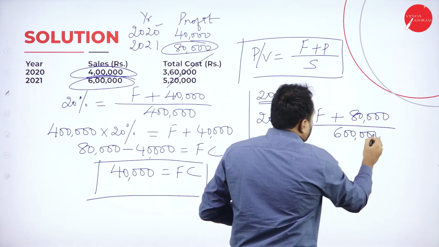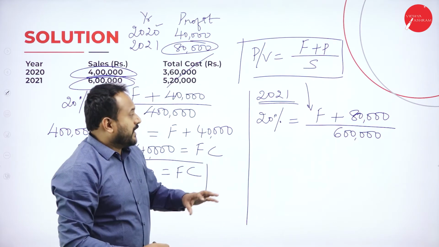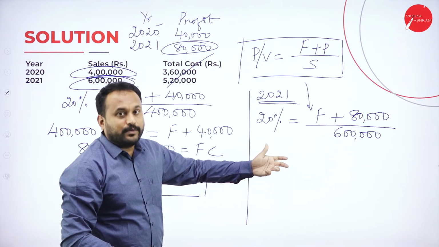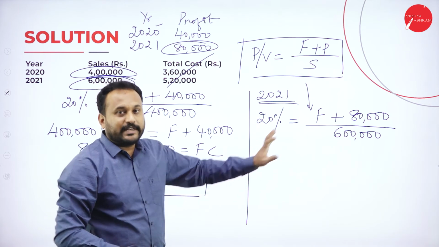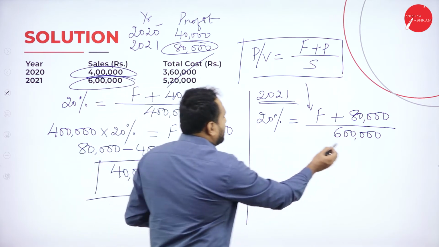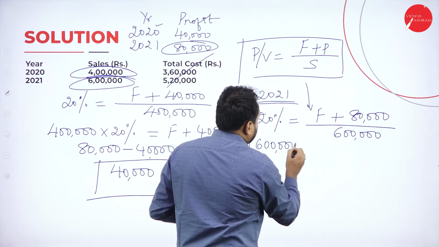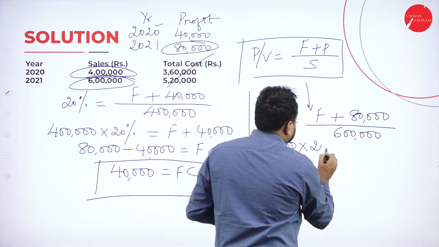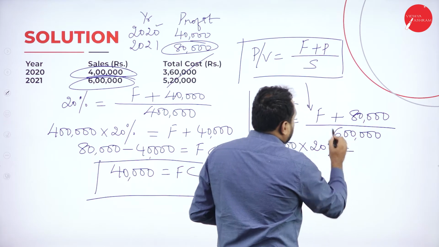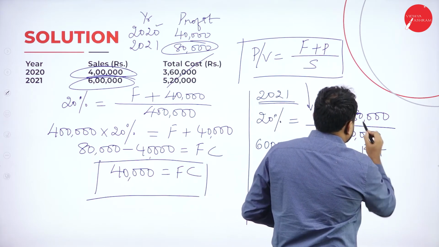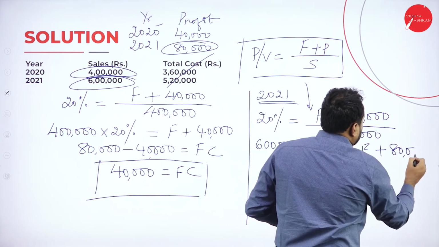So this is the beauty of accounting. Whenever, whatever way you go, if the procedure is correct, you will get the same answer. So this 6 lakh will go here: 6 lakh into 20% is equal to F plus 80,000.